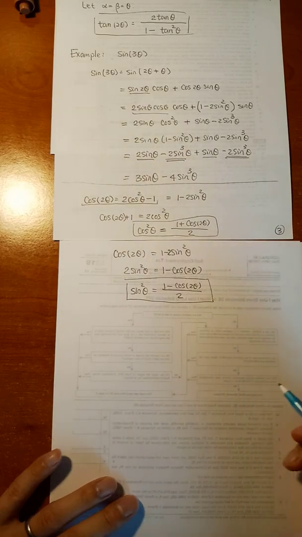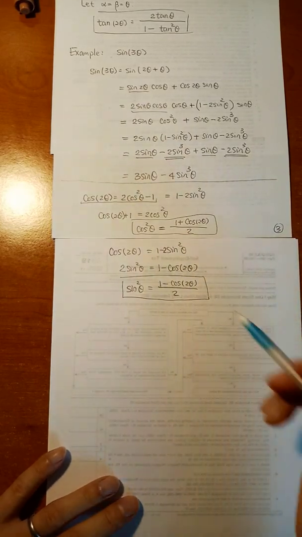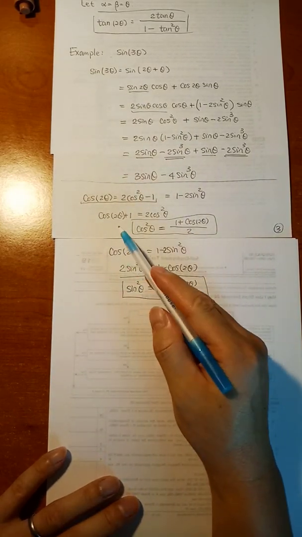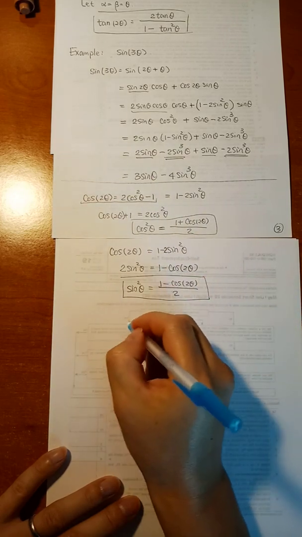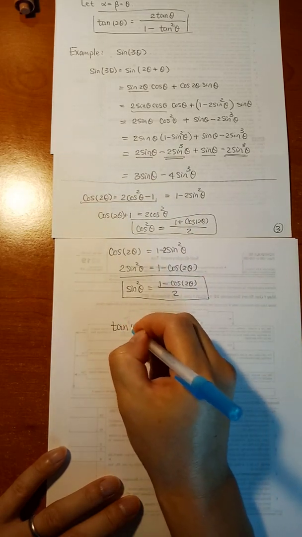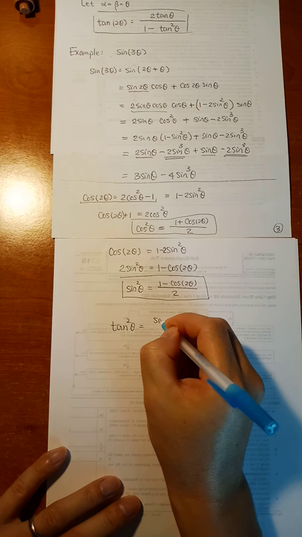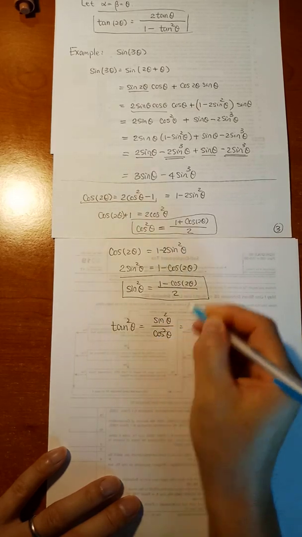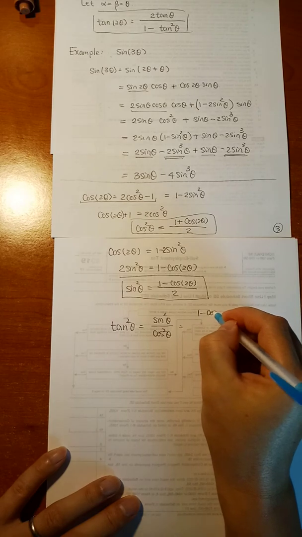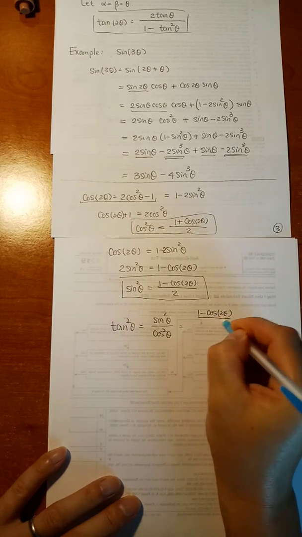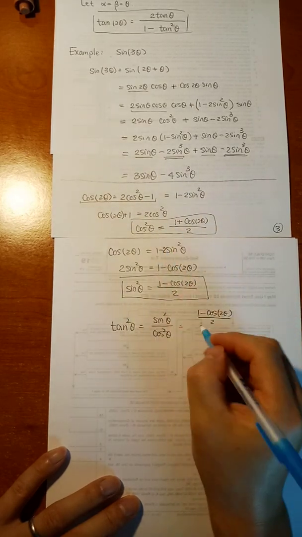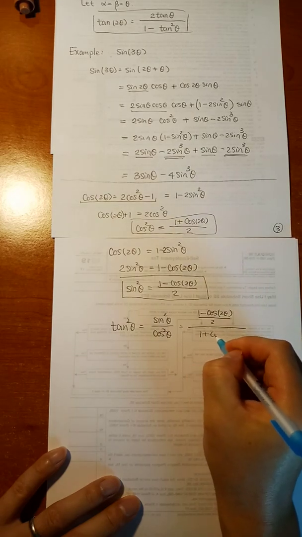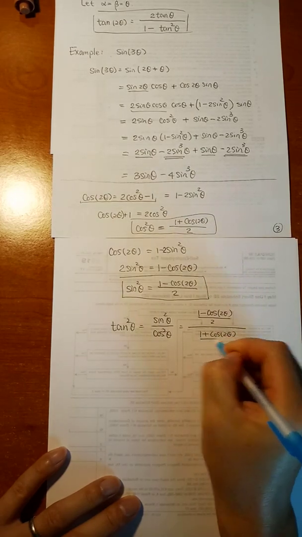Also, this is a formula. And once you know sine theta squared and cosine theta squared, what is the tangent? Tangent theta squared is sine theta squared over cosine theta squared. So sine squared is 1 minus cosine 2 theta over 2, and cosine squared is 1 plus cosine 2 theta over 2.